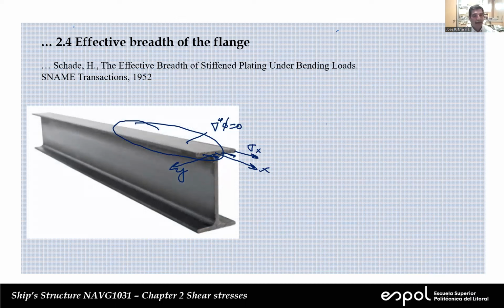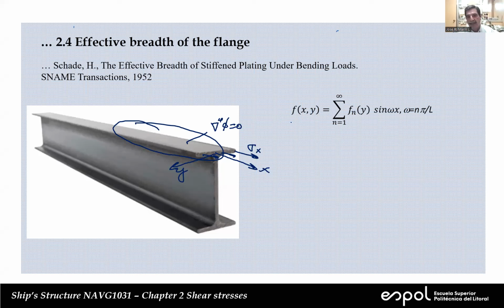Now what he did was he proposed a solution. Here he said that in the x direction, the dimensions are usually much larger than in the y direction. So in the x direction, variations are softer, I mean slower.